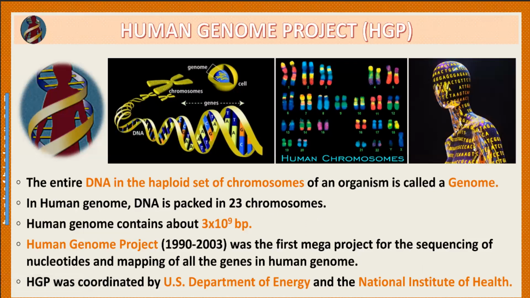So first they will find the sequence of the nucleotides, ATGC, that they will check, and then they will map where genes are present, because genes will give rise to proteins. And any defect in the human body will be a change in the gene.